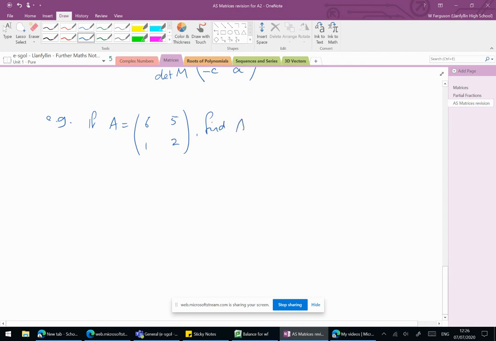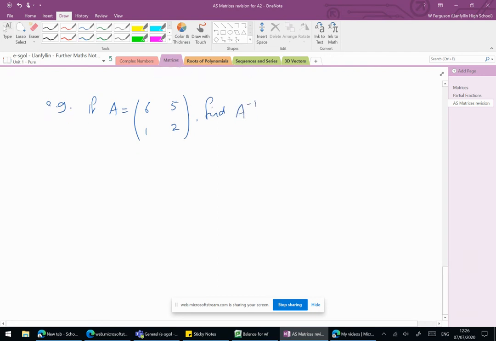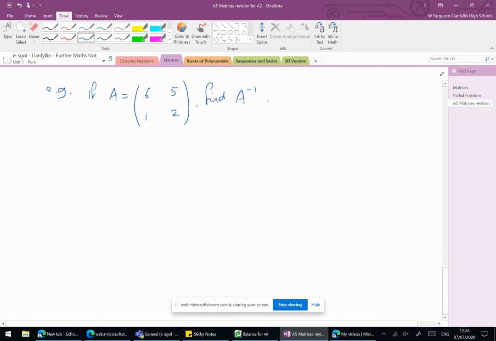And find its inverse, A to the minus 1. So the first thing I would do would be to calculate the determinant, which we did before, but let's just remind ourselves. 6 times 2, take away 5 times 1. 12 take away 5 gives me 7.